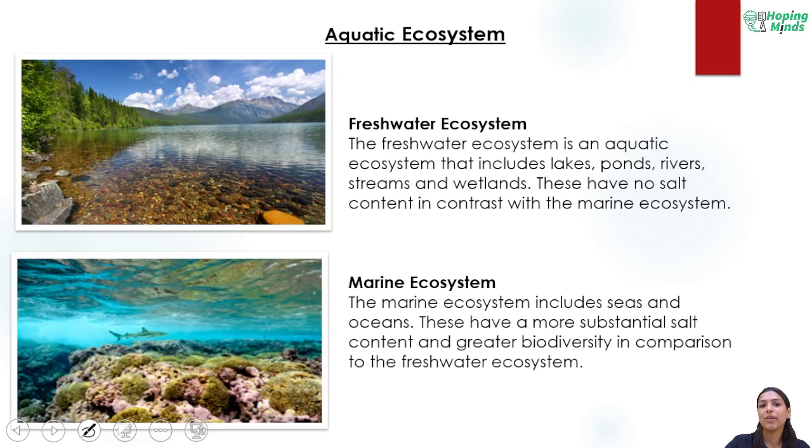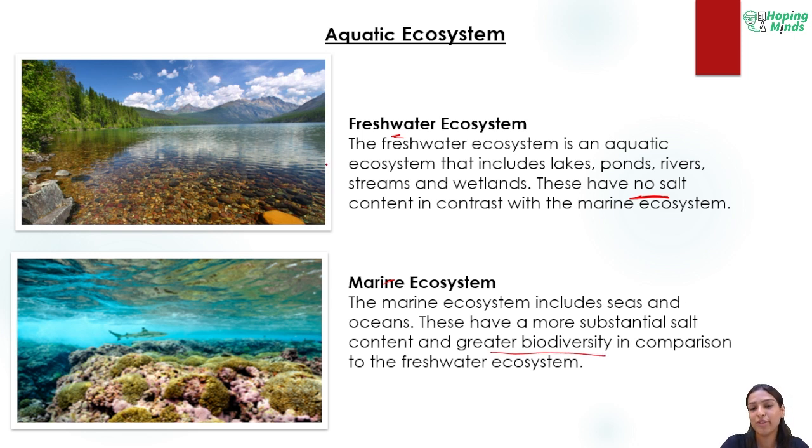And then coming to ecosystems of water. Freshwater ecosystem. The freshwater ecosystem is an aquatic ecosystem which includes lakes, ponds, rivers, streams, wetlands. What differentiates between a freshwater and a marine ecosystem is a good question. So in freshwater, there's no salt, in contrast to a marine ecosystem where there's more salt and a greater biodiversity.